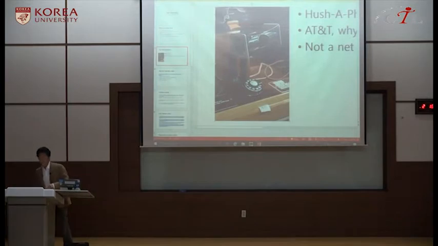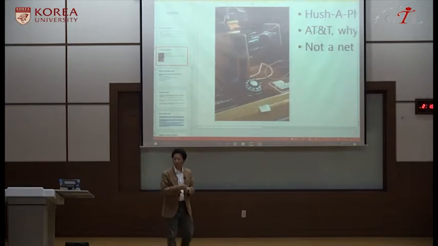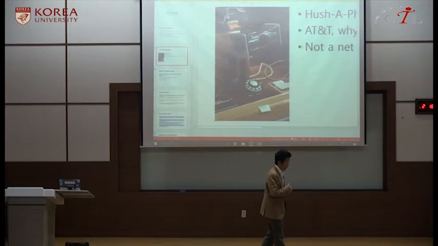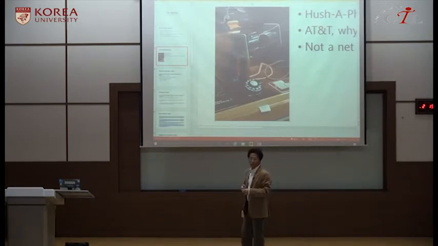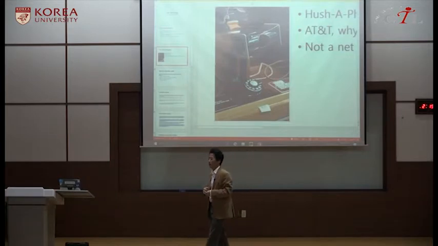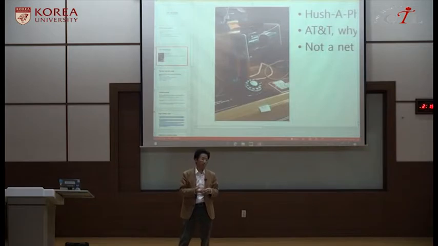And Hush-A-Phone boxes began to sell well because people wanted privacy. What did AT&T do? AT&T threatened the customers to stop using Hush-A-Phone and that they'd stop providing the telephone service if they used Hush-A-Phone. Why did they do that?